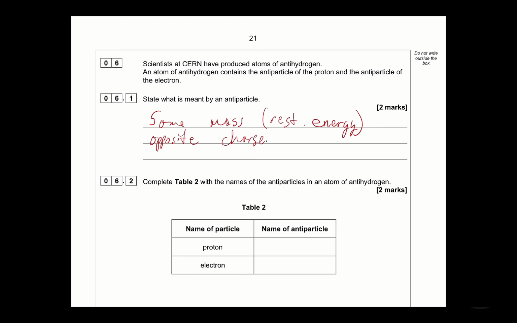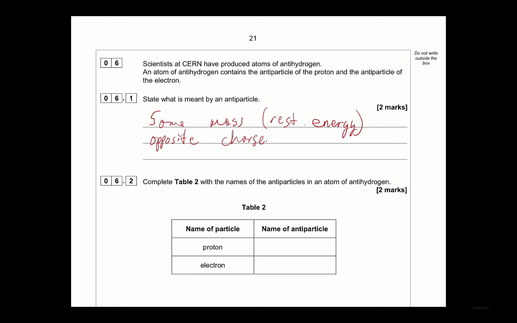In other words, the antiparticle for an electron will have the same mass as an electron, but it will be positive, whereas the antiparticle for a proton is going to have the same mass, however, it will be negative.